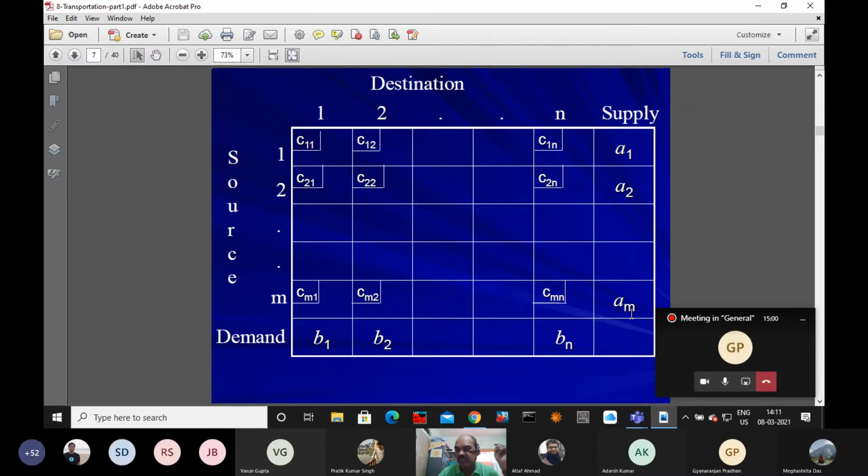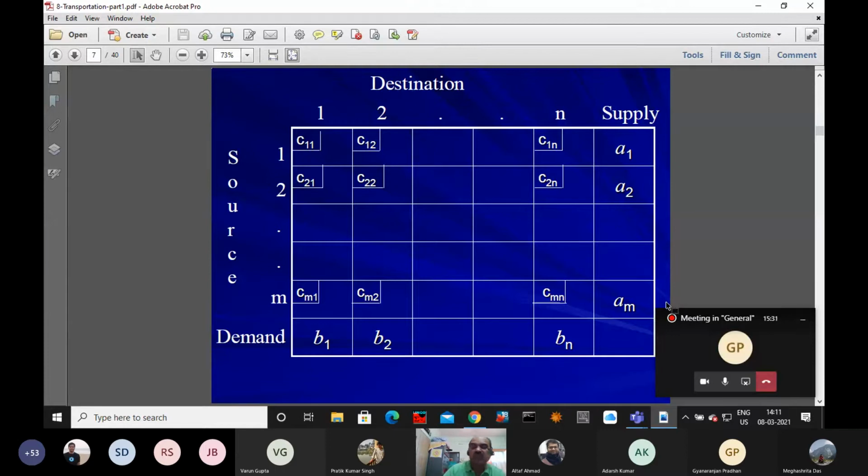Similarly, the demand at destination 1 equals B1, at destination 2 equals B2, and at destination n equals Bn. Since the problem is a balanced transportation problem, A1 plus A2 up to AM is exactly equal to B1 plus B2 up to Bn.